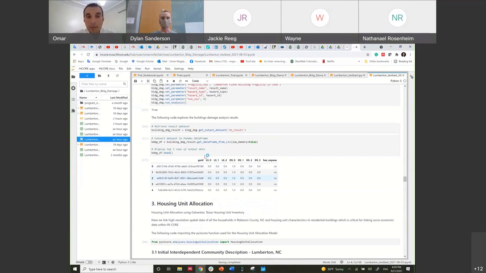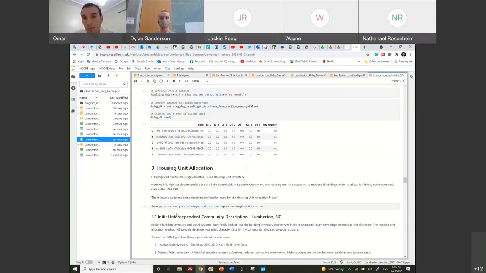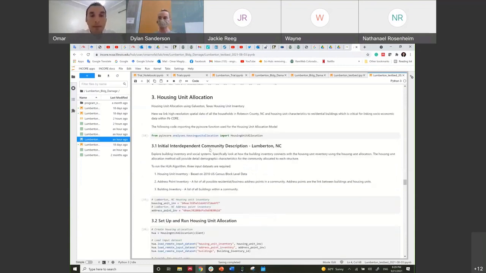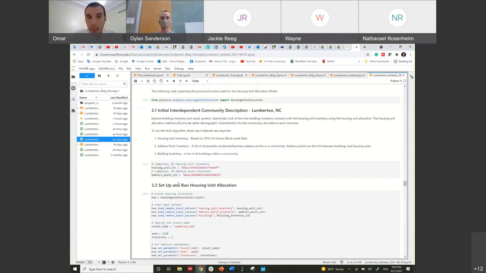And the next is the housing unit allocation, which uses the function developed by Nathaniel. I'm going to present his work. Basically, his model reads the housing unit inventory data and also the address points of the housing units, and also uses the building inventory.